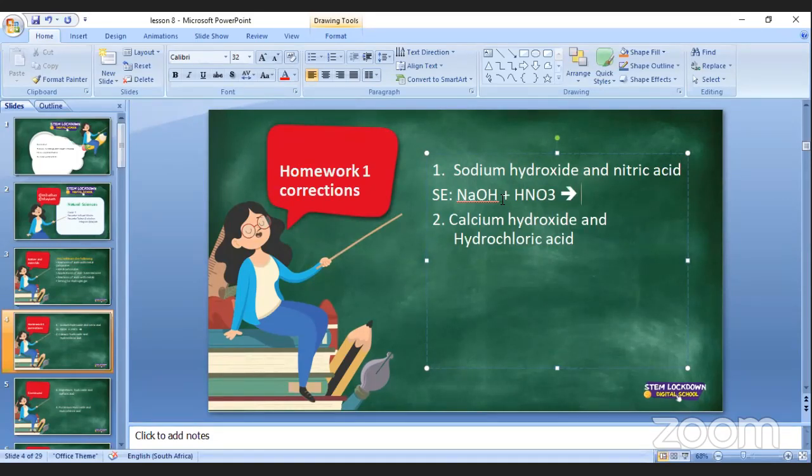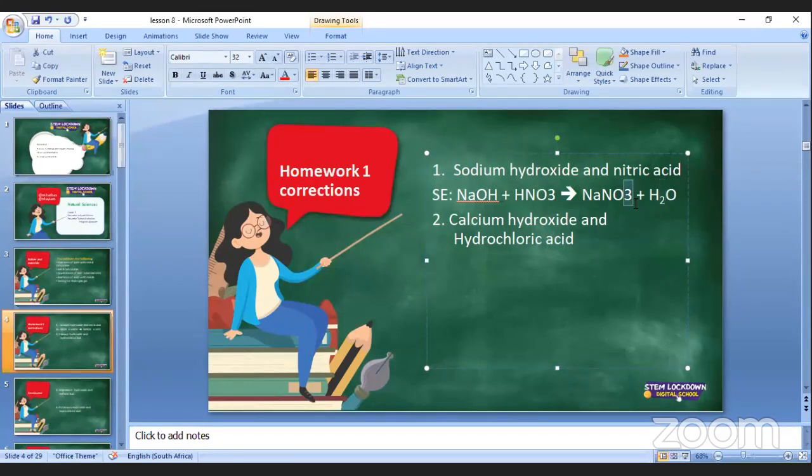We get sodium nitrate, which is a salt. Obviously, what else we get is water, because a hydroxide is reacting with an acid, so we get a salt and water. The type of salt we get is sodium nitrate.